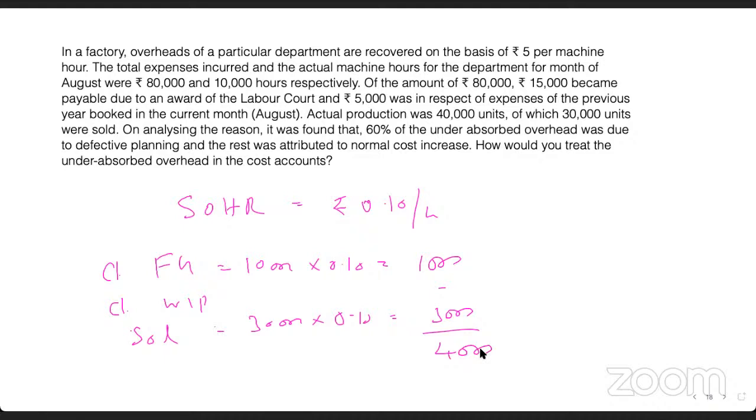Totally, under absorption of overhead due to normal reason 4,000. Under absorption of overhead due to abnormal reason 6,000. Total under absorption 10,000. You can try on your own.